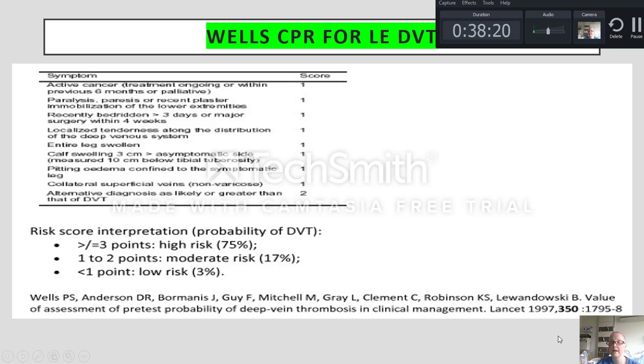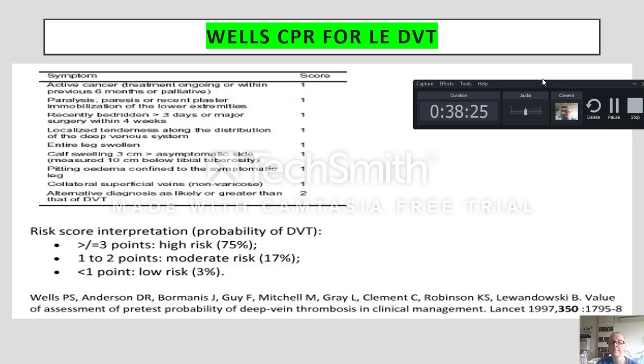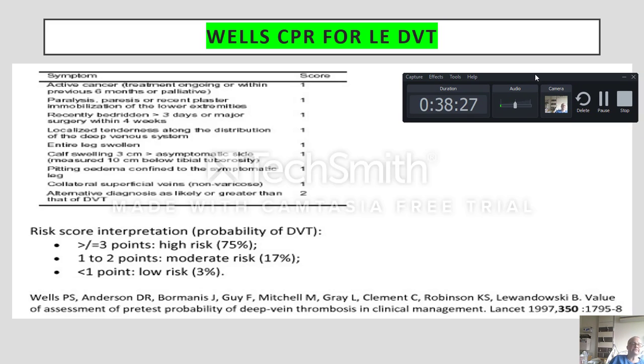Wells CPR for lower extremity DVT. And this little clip-in was very hard to read, but I'm going to do my best. So the symptom is active cancer, treatment ongoing or within previous 6 months, or palliative is a score of 1.